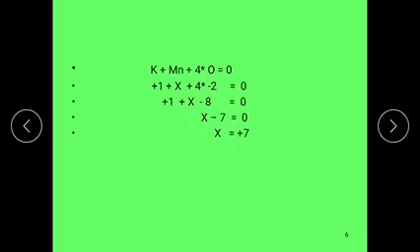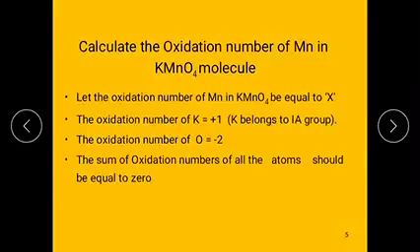Once again, repeating: let the oxidation number of manganese in KMnO4 be x. Let the oxidation state of potassium be plus 1, because potassium is a first A group element.